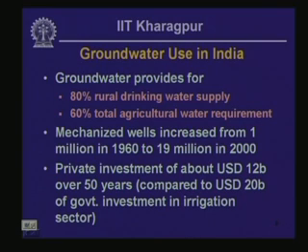So you can see that the private investment in this case is a very significant proportion of the total expenditure that the government incurred over the last 50 years for irrigation purposes.